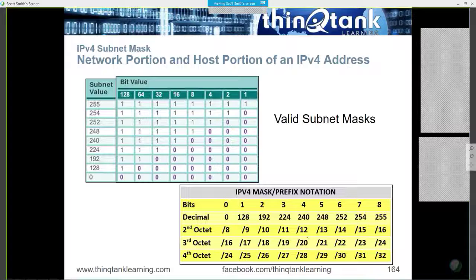All right? So a /17. Yes, there are instances where /31 is used. For point-to-point serial links, a /31 can be used because you're not going to have a broadcast address. You'll have a network ID, but you won't have a broadcast address. There's actually instances where /32 is used as well.